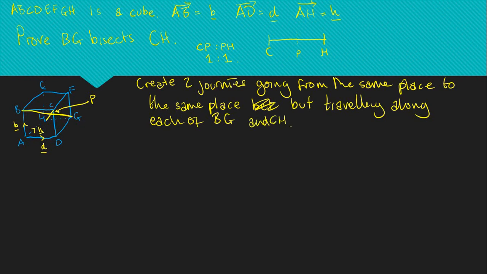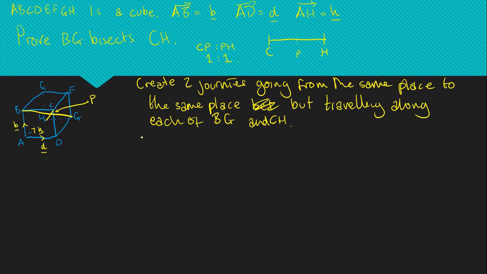So essentially what you want to do is find a way to get from B to P, travelling along this line, and you also want to find a way that goes from C to P, travelling along this line, but we need to have started and ended in the same position.